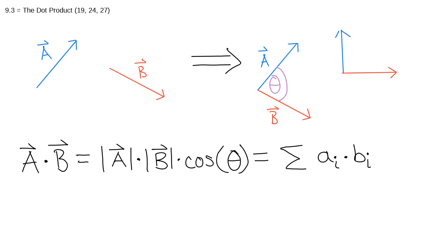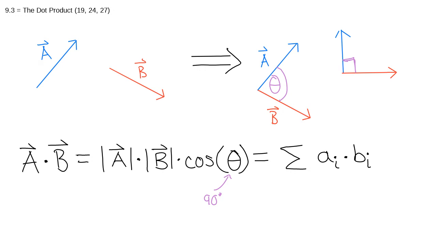Okay, so this is a right angle, right? If I put 90 degrees in for theta, what is the dot product going to be? 0.